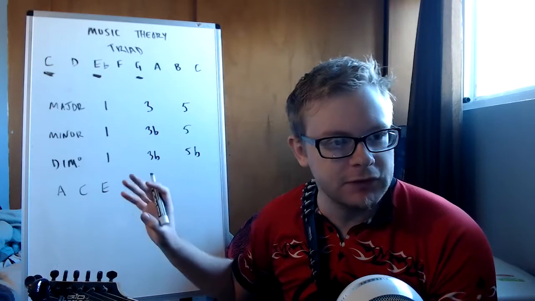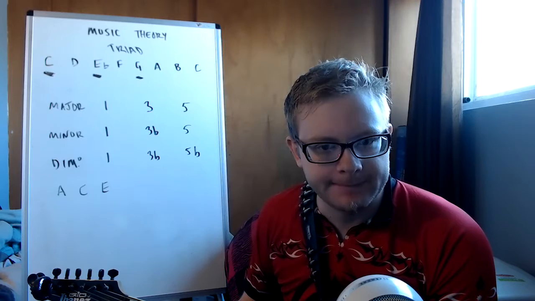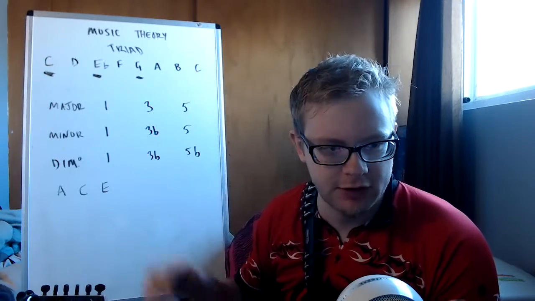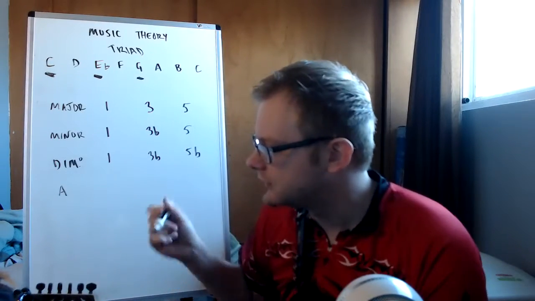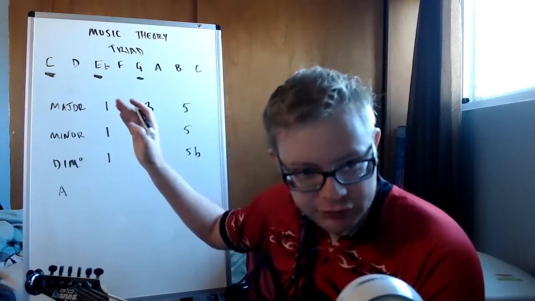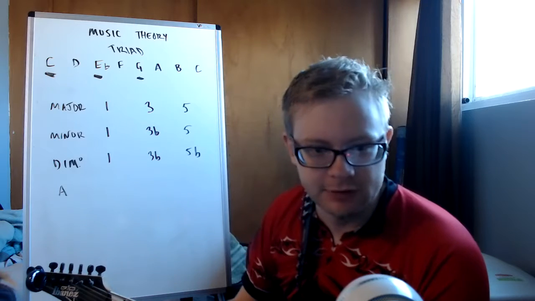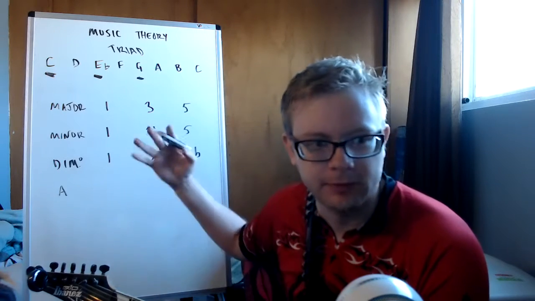Now, if I was going to play an A major chord, well, let's just take a quick note. I'll write down all the letters of the A scale because you actually have to first consider the scale itself. And we have to look at the major scale. So we actually have to find the major scale of A in order to figure out this whole formula.